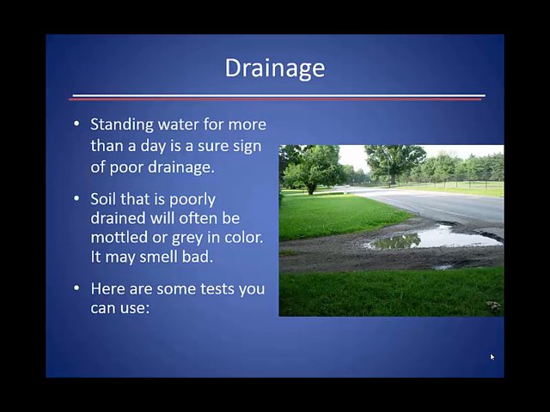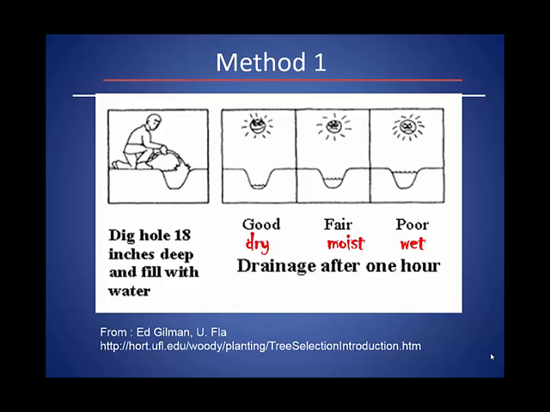But if you move to a new area or you're trying to help a neighbor and you've never been around to see where water ponds on their property, there are a couple of little tests you can do to determine whether your soil is well drained or poorly drained. Here's one example. Dig a hole 18 inches deep.